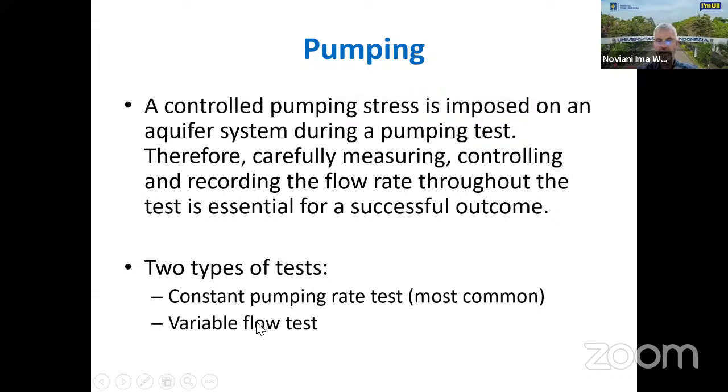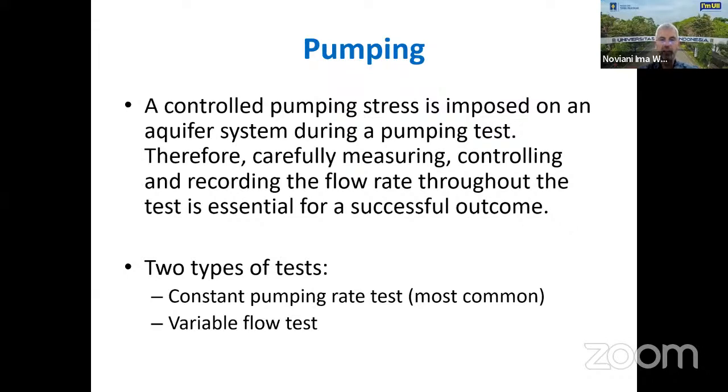Sometimes people like to vary the flow as well. These are called variable flow tests, where instead of using a constant pumping rate, over time they're increasing the pumping rate. Let's say for the first 12 hours, they're pumping at 1 cubic meter per hour. And then the next 12 hours, they're pumping at 1.5 cubic meters per hour, and so on and so on.